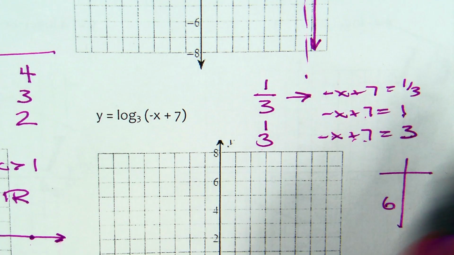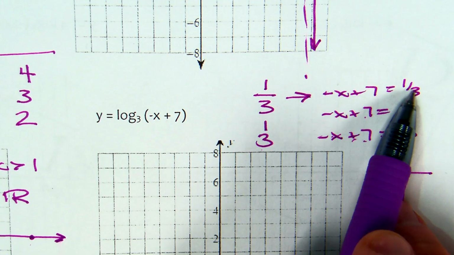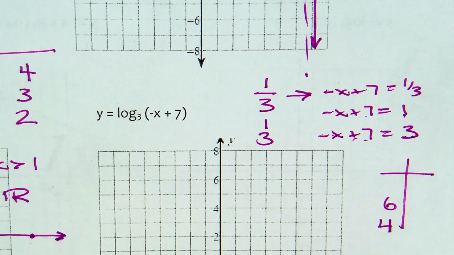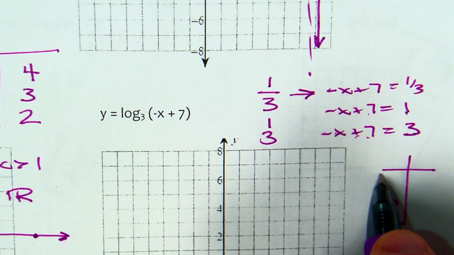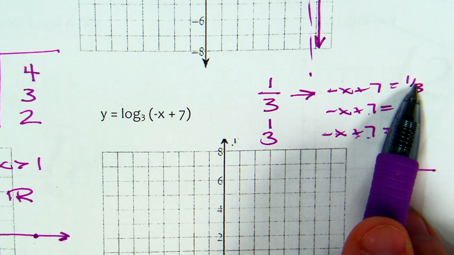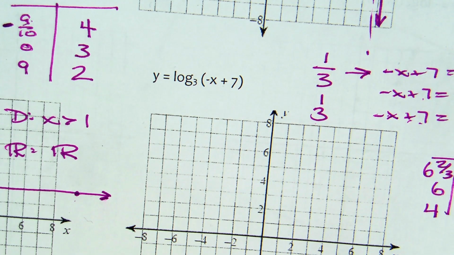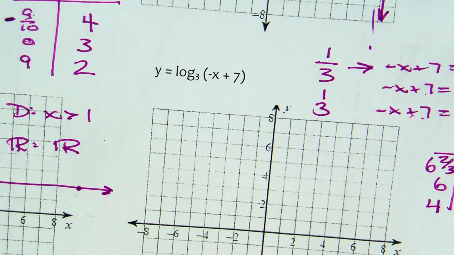Negative x plus 7 is equal to 3, that makes x 4. The struggle for some people working with fractions is this one, but you end up with 6 2/3. When you subtract the 7, you get negative 6 2/3. Dividing by the negative 1 turns it into a positive. Good? So either in your head or on paper, you're doing that.